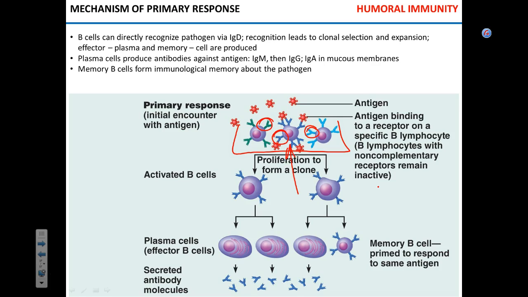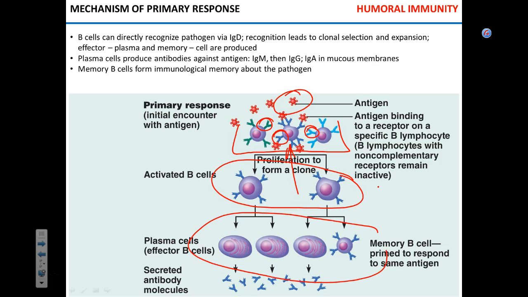This particular type recognizes the antigen, and it starts to proliferate, clonal expansion, and differentiate. B cells will differentiate into plasma cells. Plasma cells will produce antibodies. And B cells will also produce a population of memory B cells. Okay? Special clone that remembers that exposure to the pathogen.